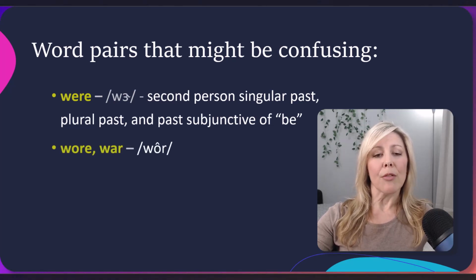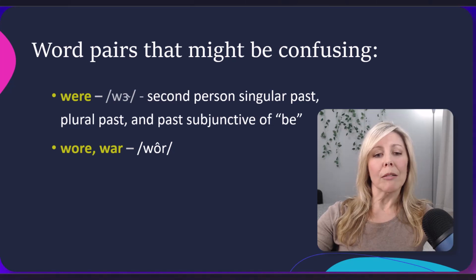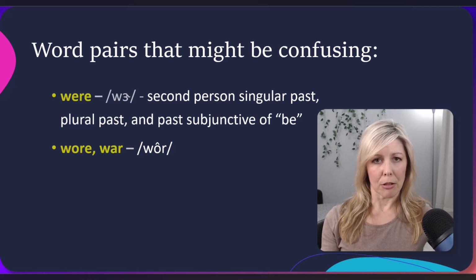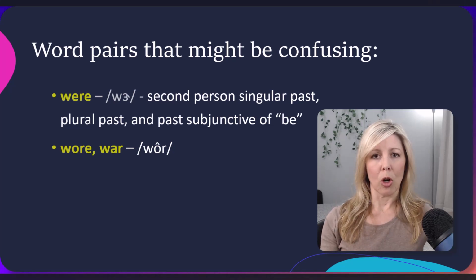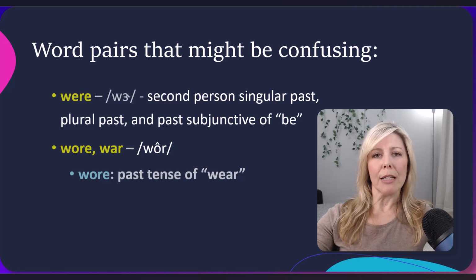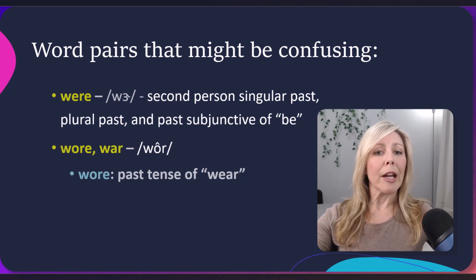And then we have wore and war. Okay, so the first one, were, has the uh sound. The second one is wore, or. Okay, think of that word or, wore. But you can see we have two different spellings here. So the first one, wore, is the past tense of wear.